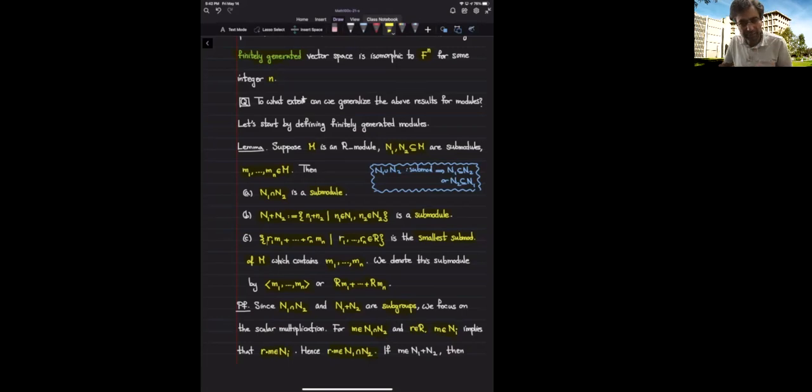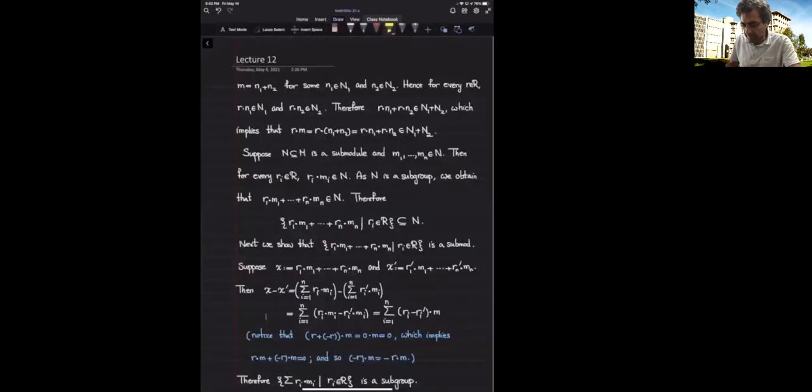Now let's go to N1 plus N2. Let's pick some element m inside N1 plus N2. That means m is of the form n1 plus n2, where small n1 and small n2 are elements of capital N1 and capital N2. I multiply m by R, and I need to show that it is still inside N1 plus N2.